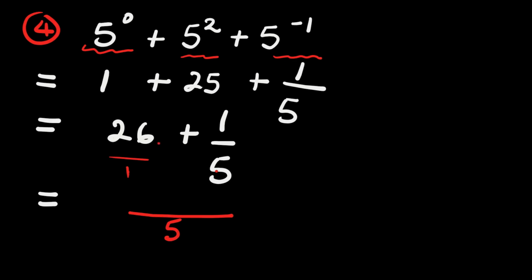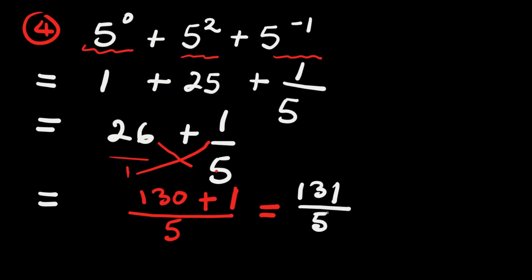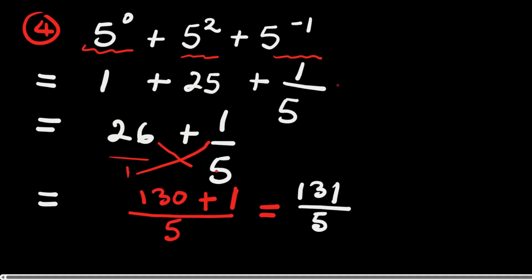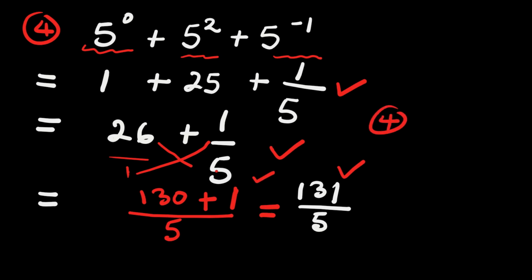Then we multiply 26 times 5 to give us 130, plus 1 times 1, it gives us a 1. So this is equal to 131 over 5. And this makes our final answer to this question. And for the mark allocation, let's say it's 4 marks as well.